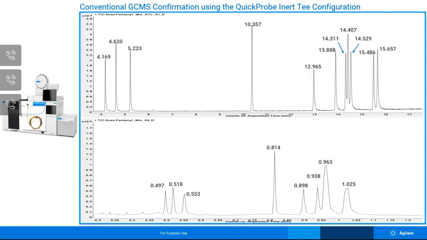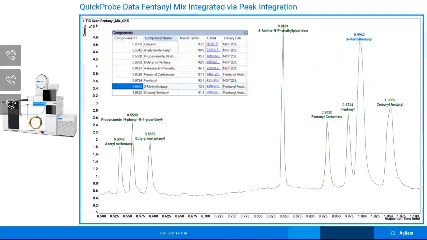So this is going to give you a good example of what deconvolution can do for you when you compare it to peak integration. Peak integration generates a components list. It's an algorithm in itself, integrating just as it does in ChemStation, telling you where peak baselines start and stop, identifying it as a peak by assigning it a retention time, and then doing a library search based on the libraries that I used. In this instance, it was NIST Library 20 and an in-house library of fentanyl analogs.